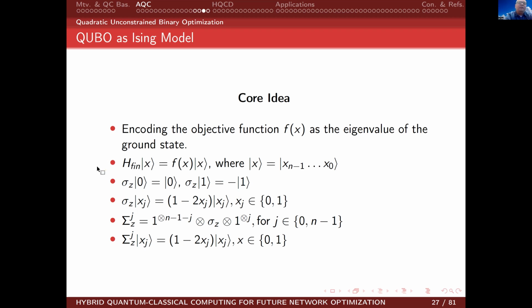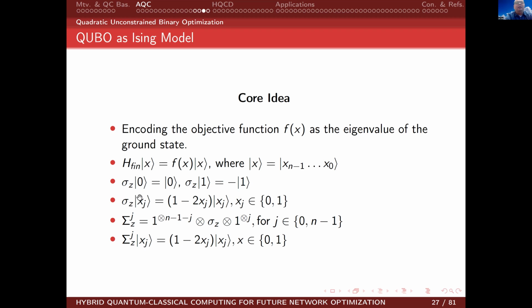An interesting part is that for these two operations on the two different states, we can summarize with x_j, which can represent 0 or 1. We can generalize the equation: applying sigma z on ket x_j equals (1 minus 2x_j) multiplied by ket x_j.